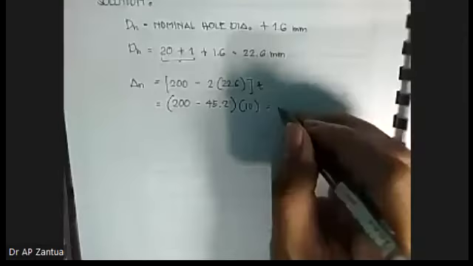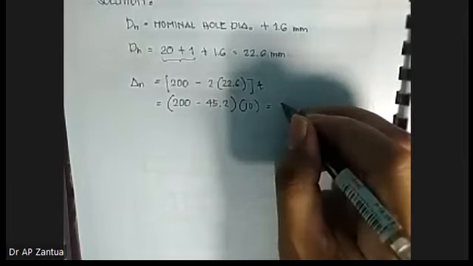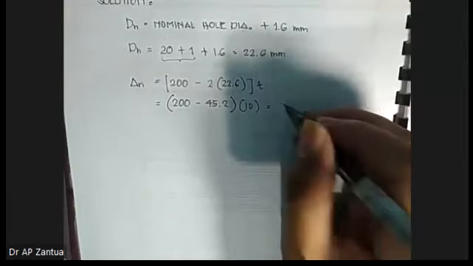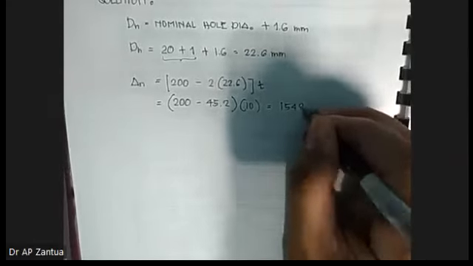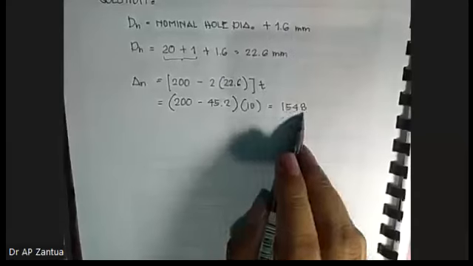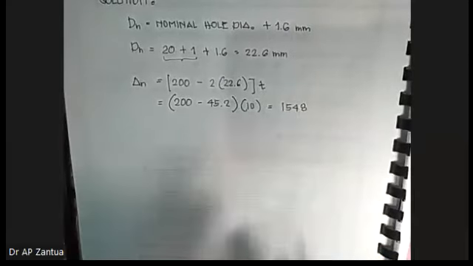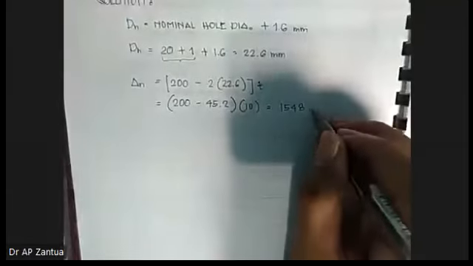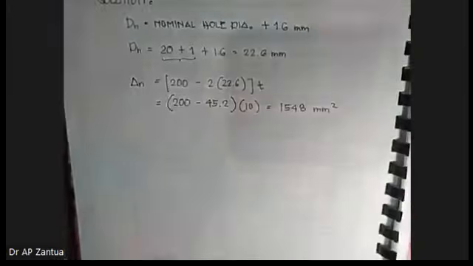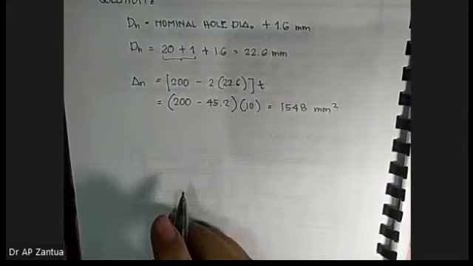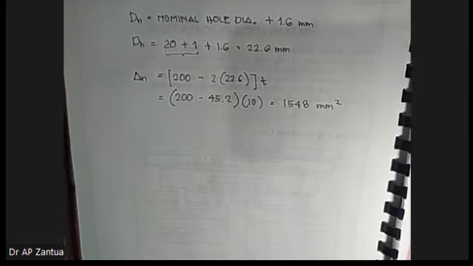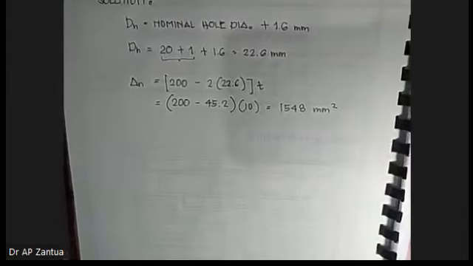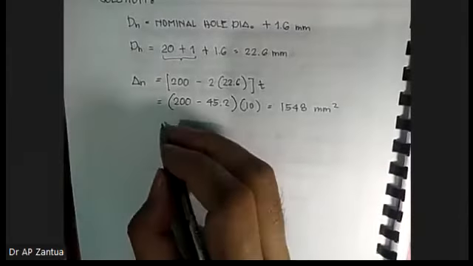Therefore, we have the answer 154.8 times 10, 1,548 mm squared. Now, this is the net area.